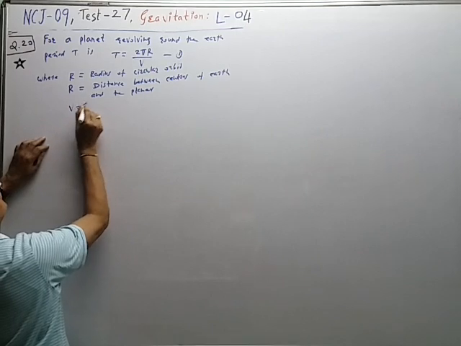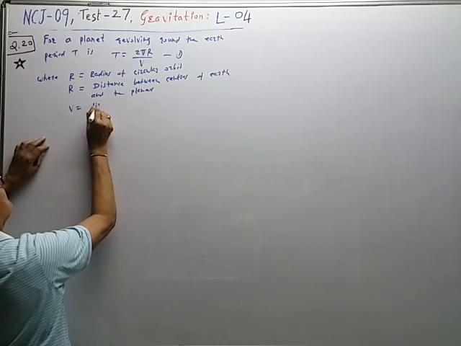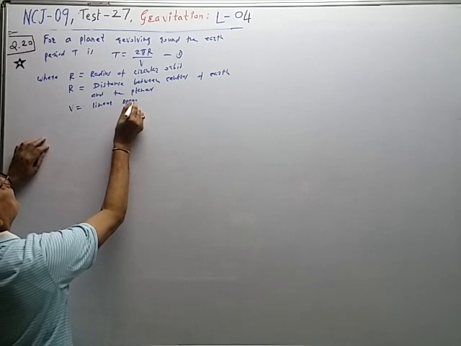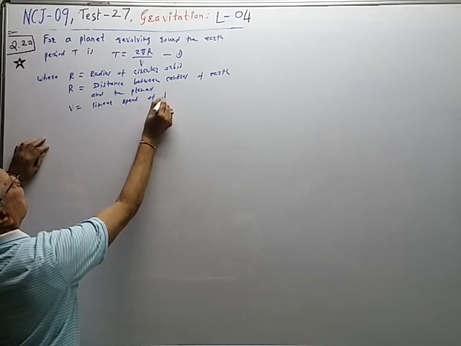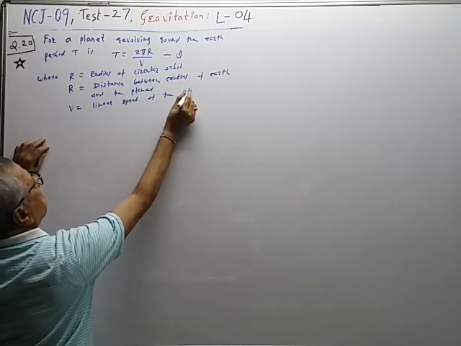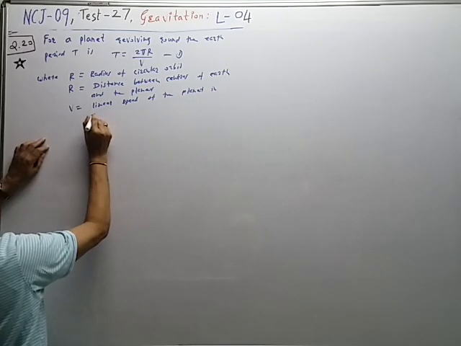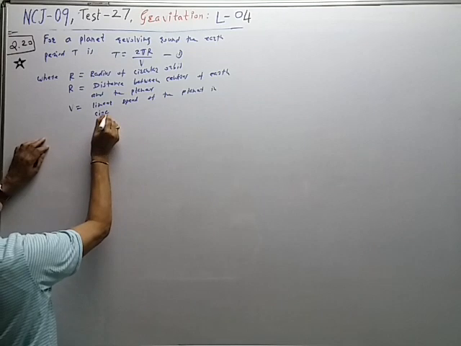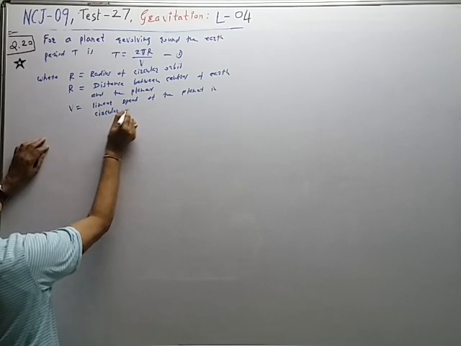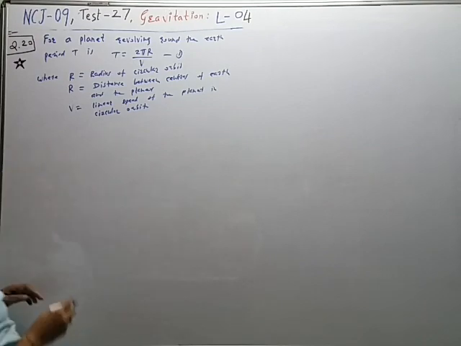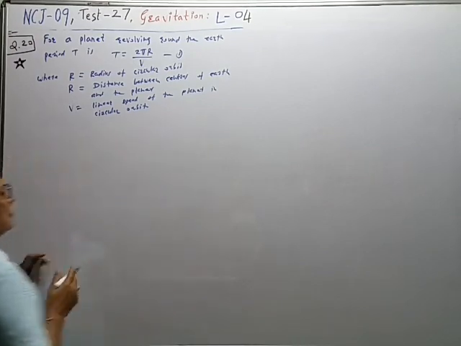V is equal to the linear speed of the planet in circular orbit. So this is equation 1.